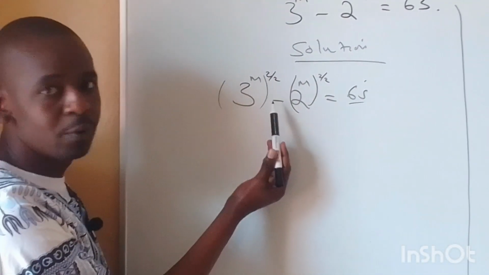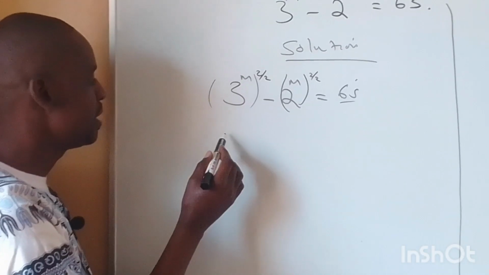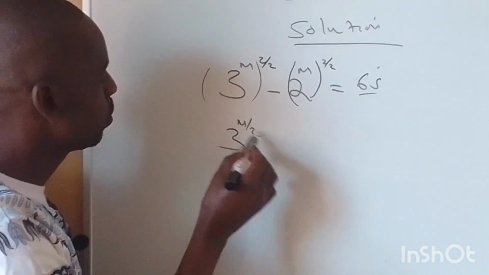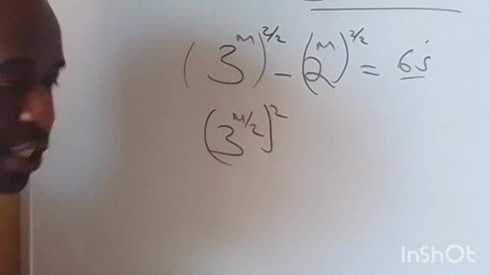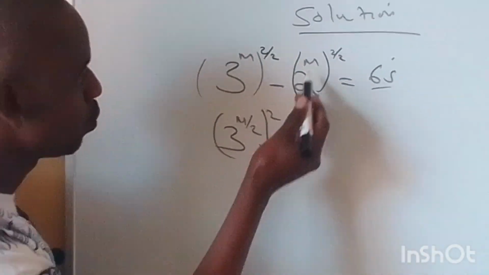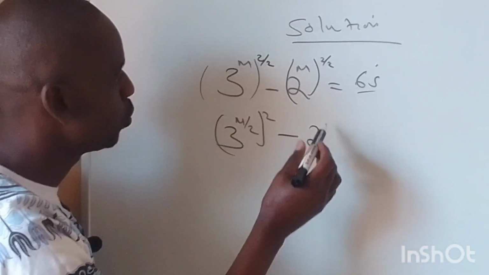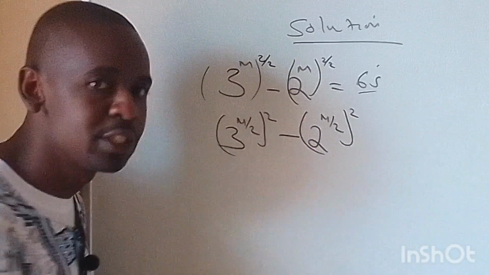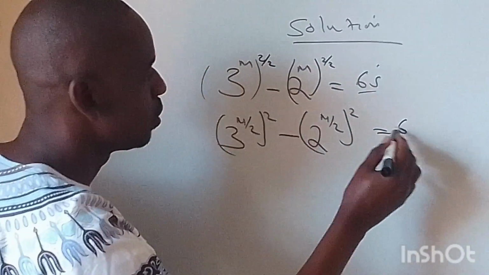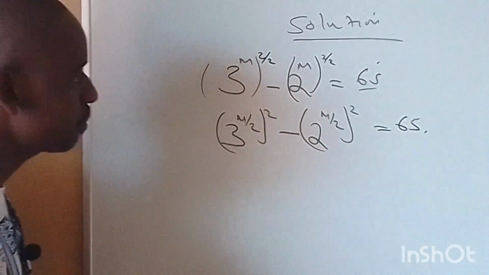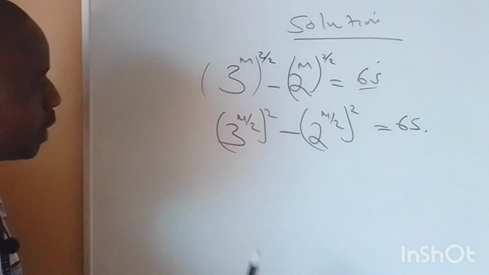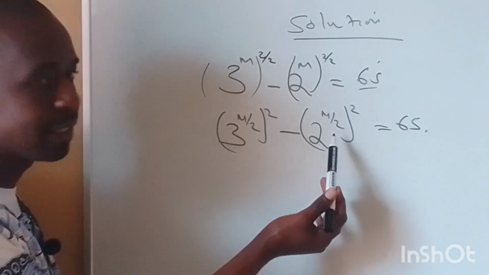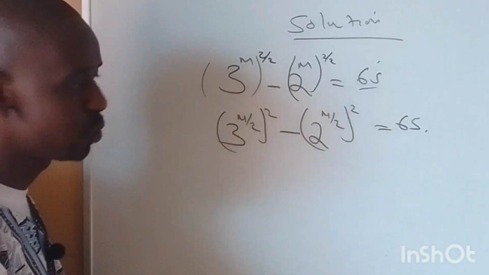So when you apply the law of indices here, I can have 3 raised to m over 2, then I take that 2 outside, minus 2 raised to m over 2, then we put the 2 outside, and this is equal to 65. So when you look at the equation, in the bracket we have 3 raised to m over 2, and here we also have 2 raised to m over 2.